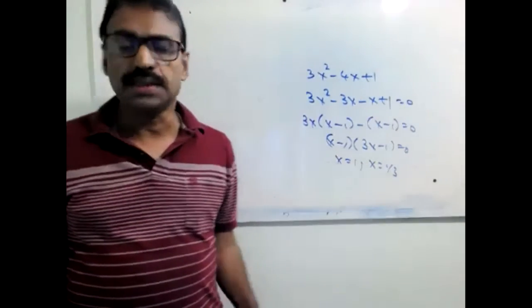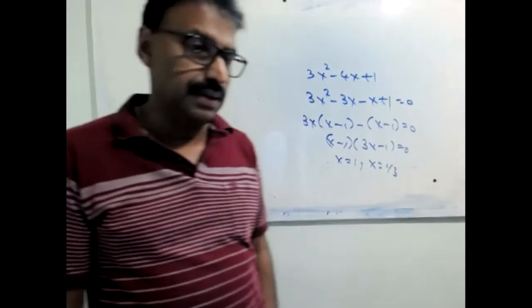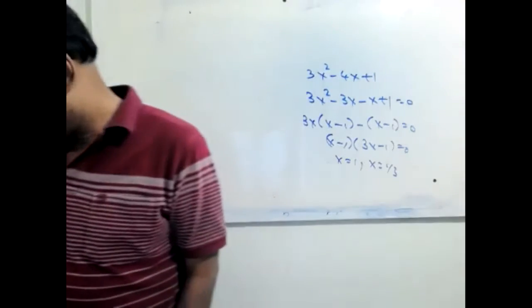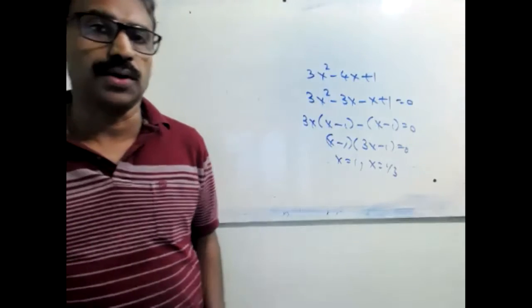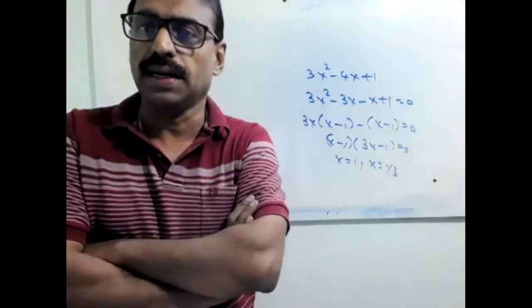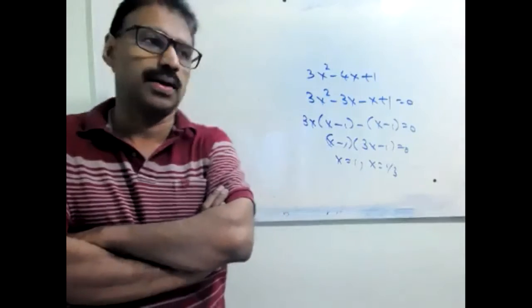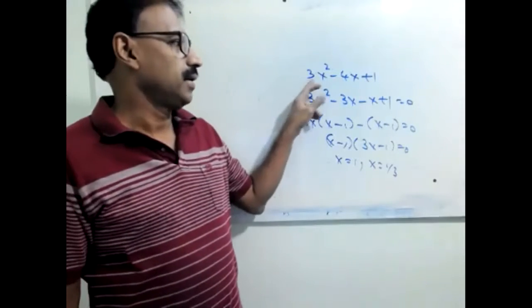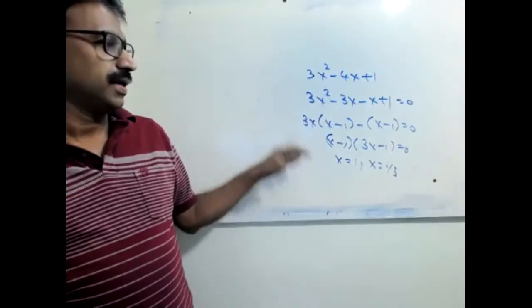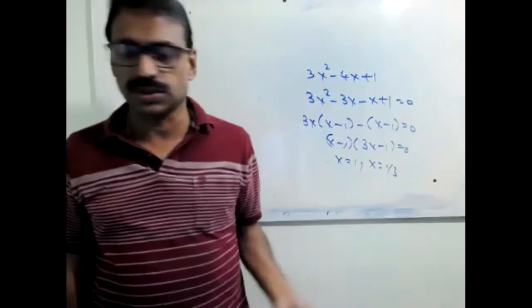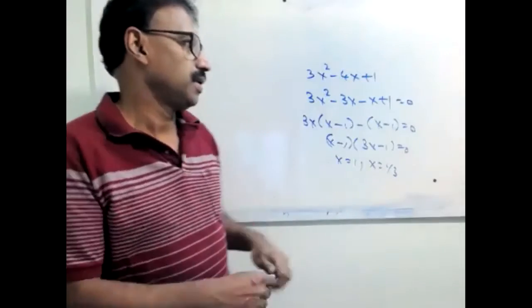Let alpha, beta be the zeros of the given polynomial 3x square minus 4x plus 1. Then for finding zeros, 3x square minus 4x plus 1 equal to 0.